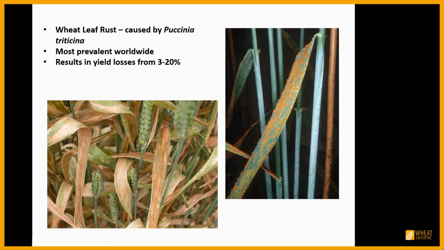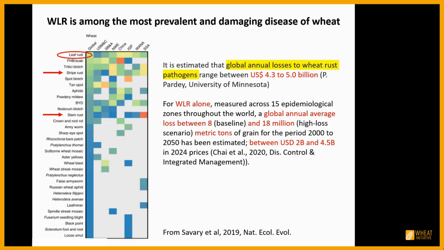Leaf rust is the most prevalent worldwide, although it's not always as obvious. If we look at some data, which might already be a little outdated, from Savory et al., leaf rust was globally put as causing the most losses.